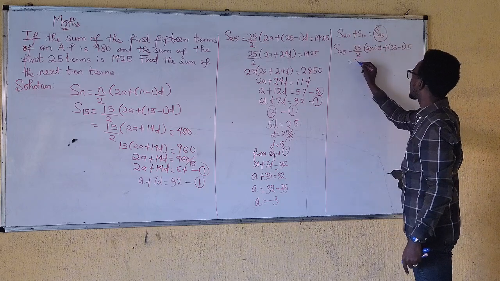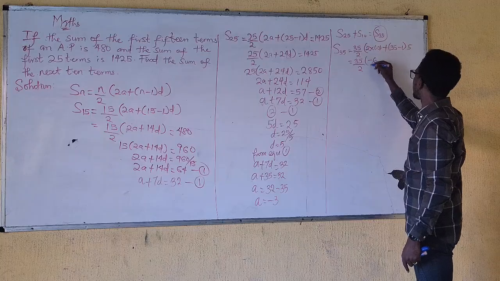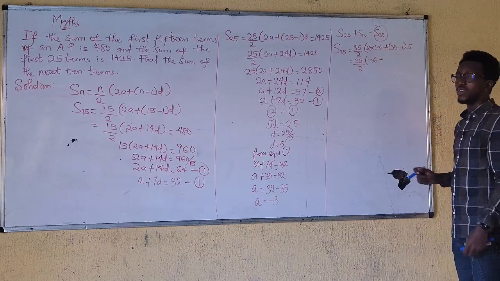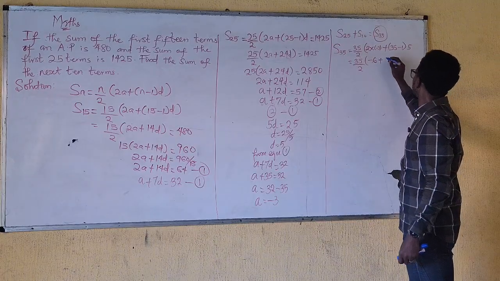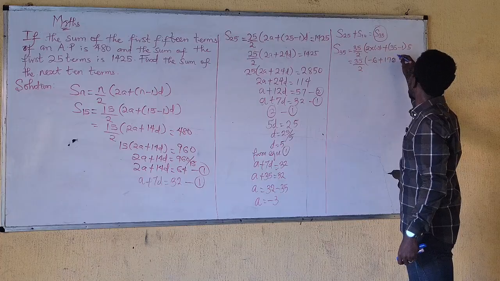So we have 35 over 2. 2 times minus 3 is minus 6. Plus 35 minus 1 is 34. 34 times 5 is going to give us 170.